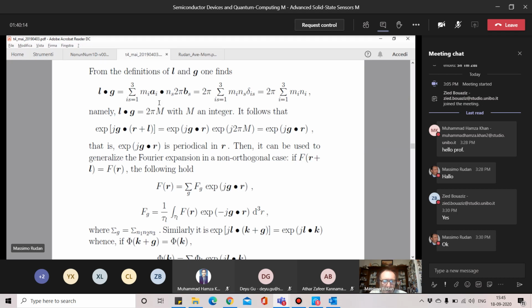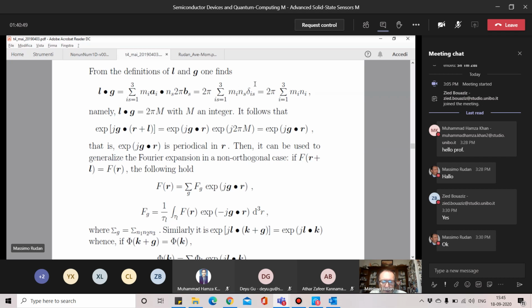Okay, but then you remember, when you take the scalar product of any vector A times any vector B, you obtain a Kronecker delta of the two indices. So you can rewrite this expression. You bring the 2 pi outside of the sum. So you have the double sum of mi times ns times the Kronecker delta of the two indices i, s.